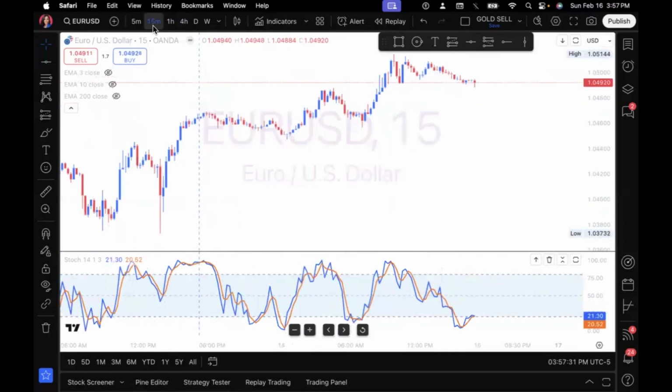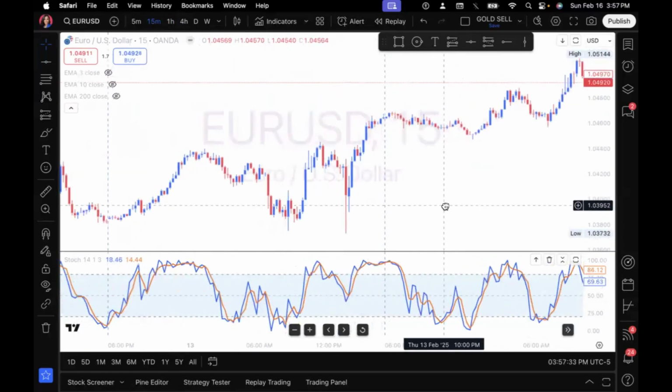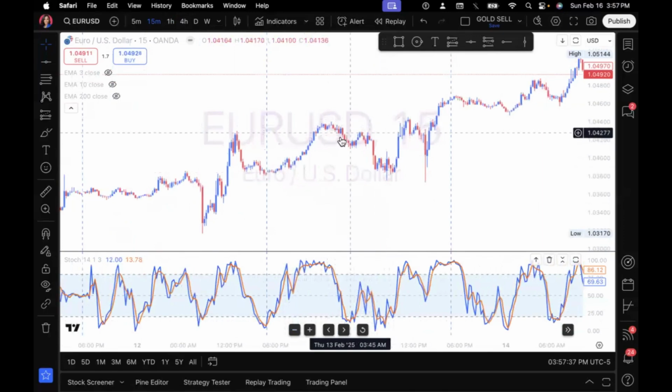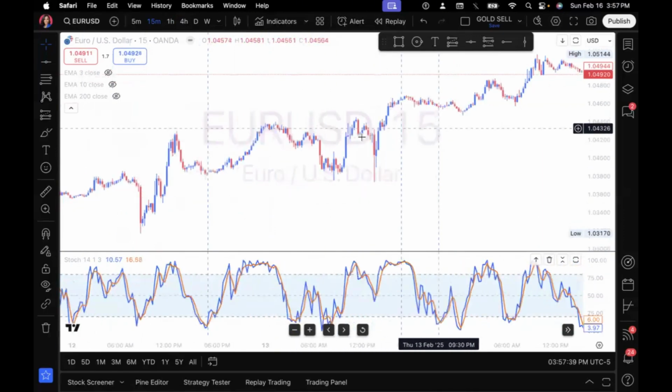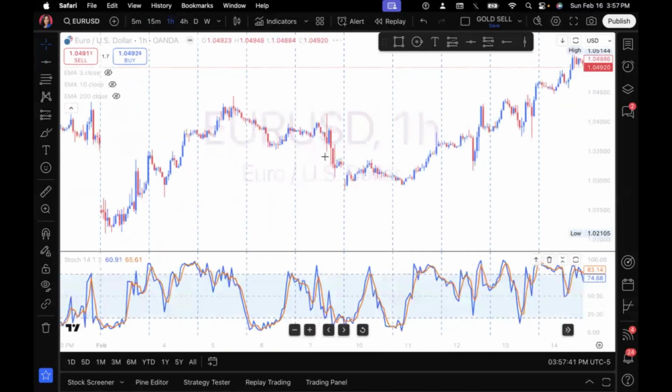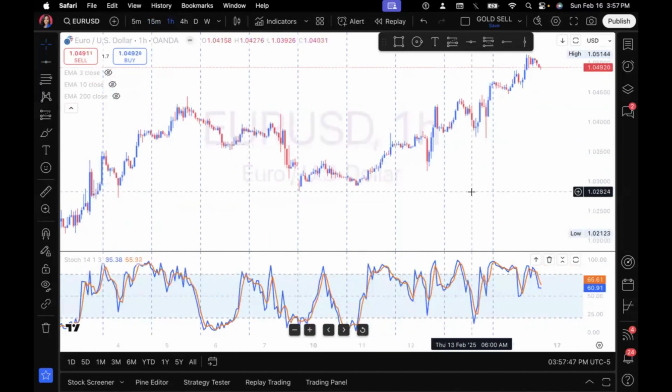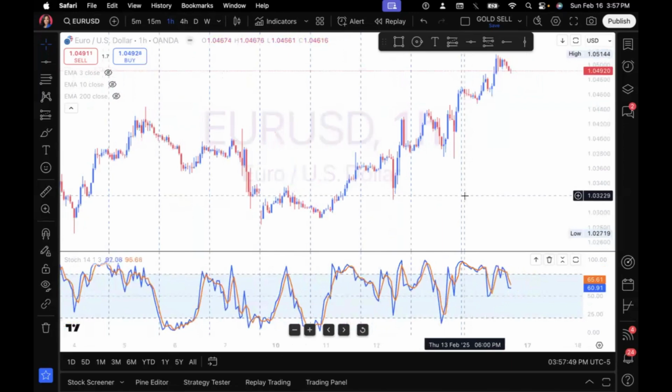And of course, if you were to go to the 15-minute chart, you will have a lot more candles appearing within that session. So we're going to keep it on the hour, and I'm going to show you guys how you can use this simple indicator to help you determine what your entries and exits should be.